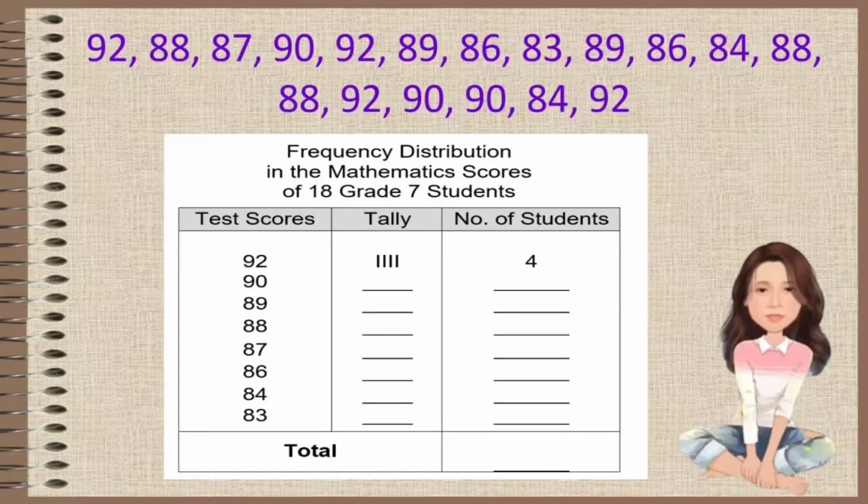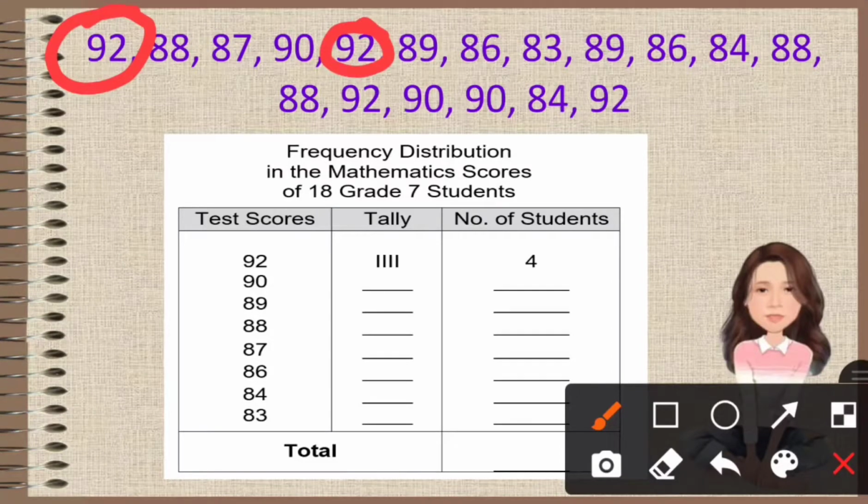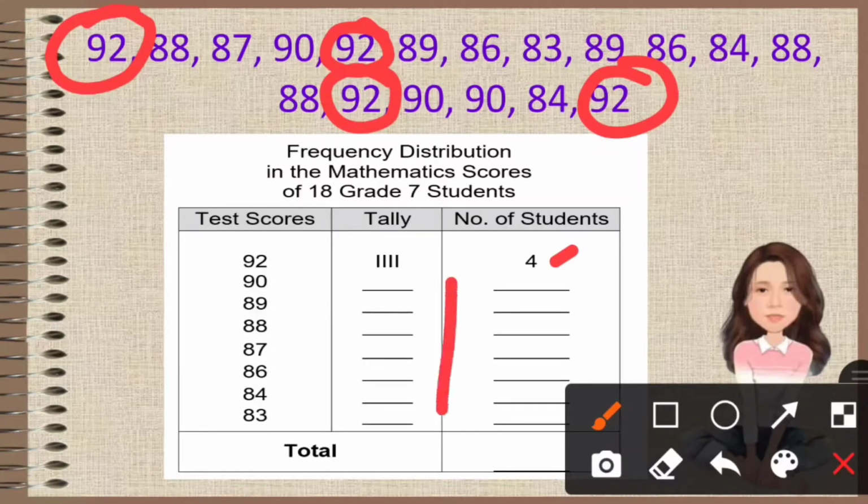So let us count: 1, 2, 3, 4. So there are 4 92s. If you add the tally and the number of students, it must be 18. You may pause the video to copy and make a frequency distribution table.